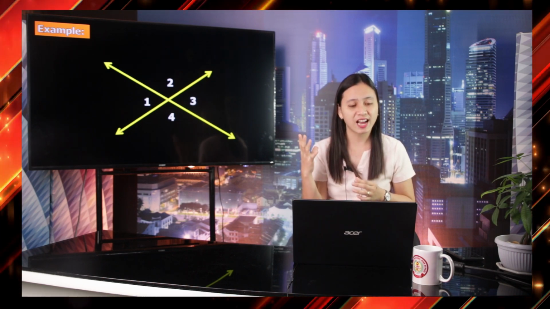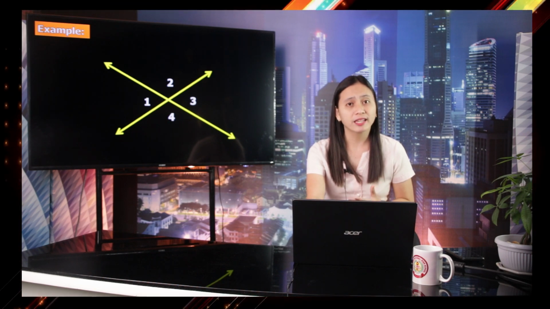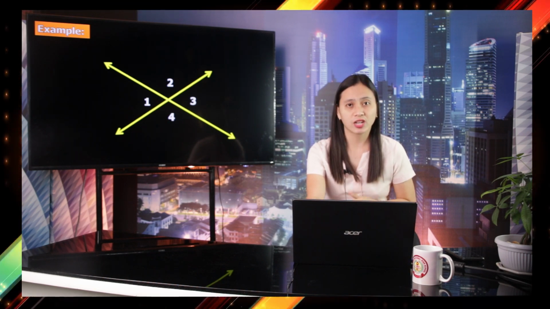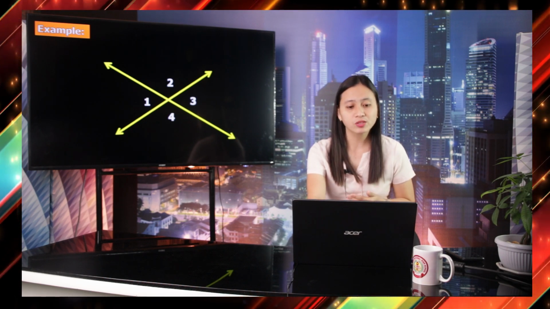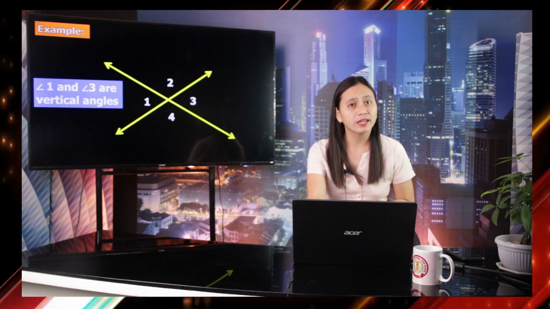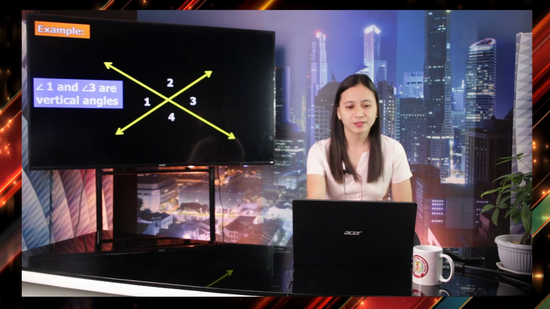Angle 1 has its own side, and angle 3 also has its own side. So they do not have a common side. Therefore, we can say that angle 1 and angle 3 are non-adjacent angles. Or, we can also say that angle 1 and angle 3 are vertical angles.